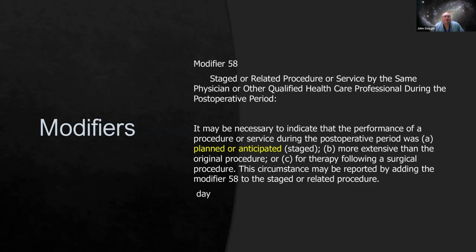So if you do a procedure where you anticipate or think that it's somewhat likely or plausible even that you may be doing a follow-up procedure related to that, I would put in the end of my operative report or in my pre-op note that you plan to need to do serial debridement on the wound in the future, or if you did an open transmetatarsal amputation and plan to go back and do a flap closure or something of that nature, you would put in your plan that you intended to do that.